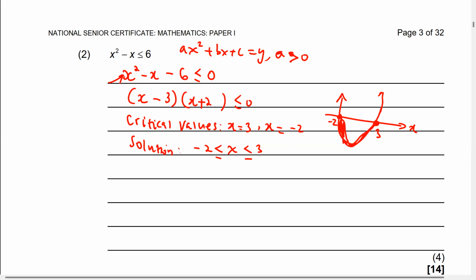If a were 0, then the x squared term would go away, and we would have no quadratic function anymore. We would be having bx plus c, which is a straight line. So a must be positive or negative.